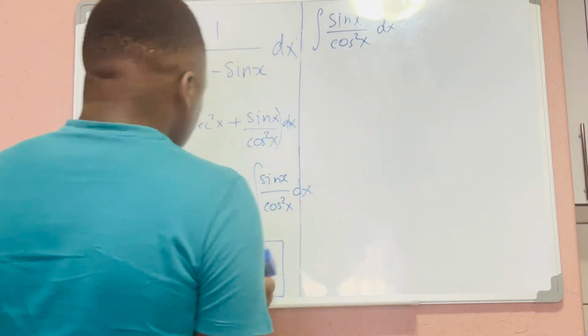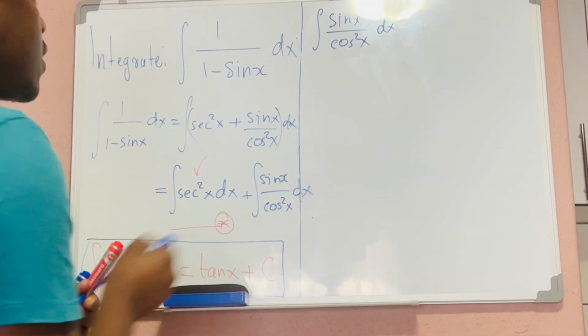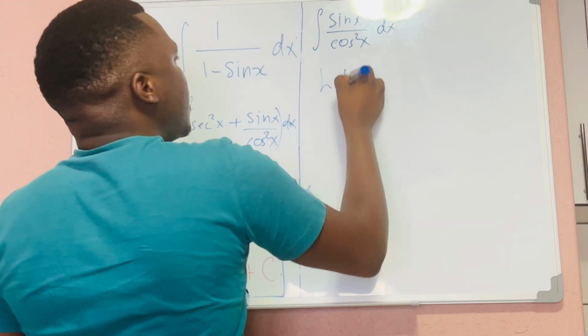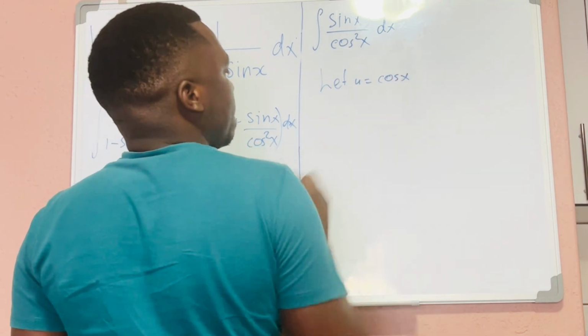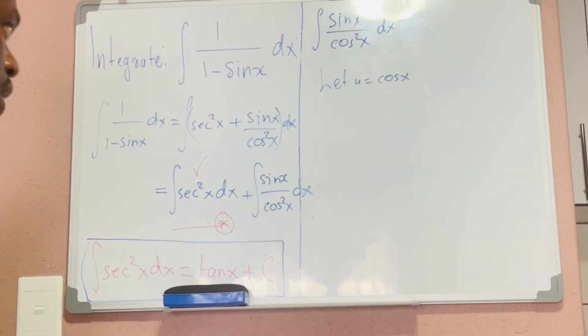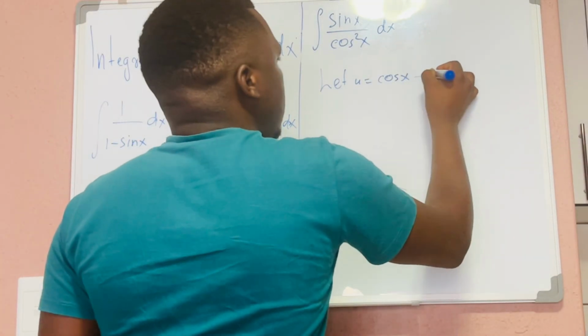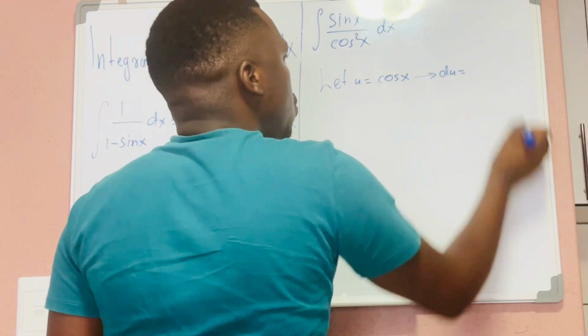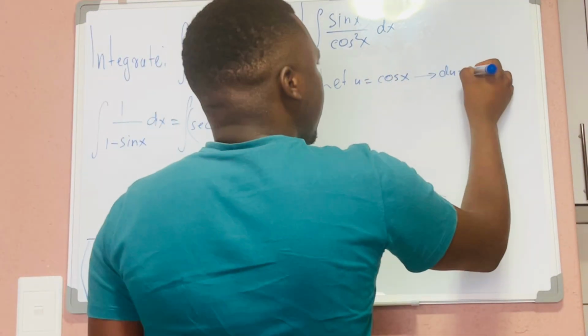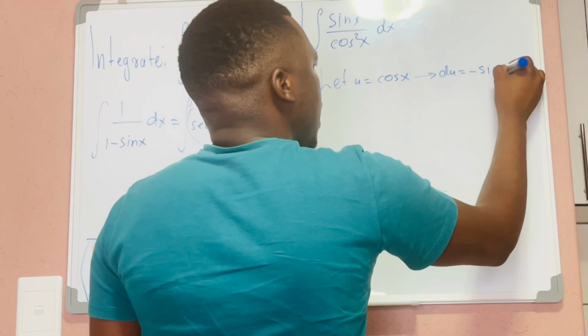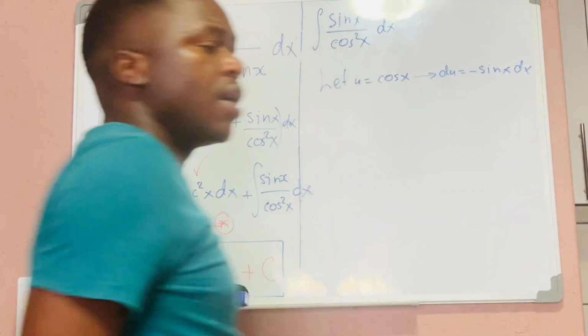Let's try to work it out. I'm going to say, let u be the cosine function. This will imply that if we differentiate u with respect to x, the derivative of cosine will just be negative sine of x with respect to x.